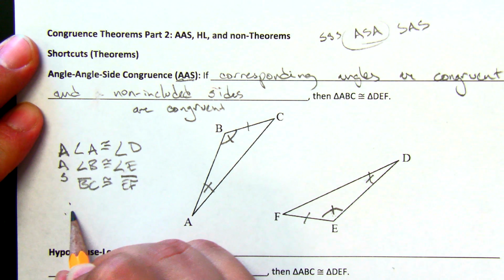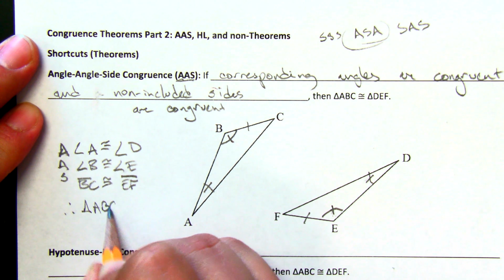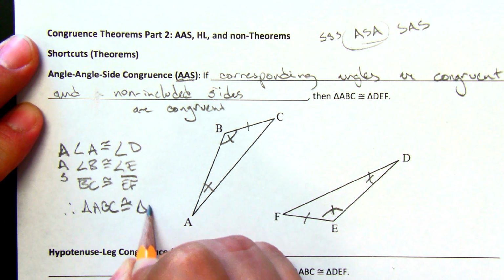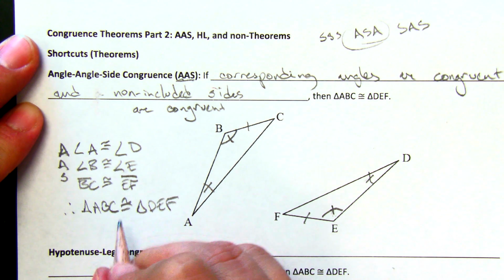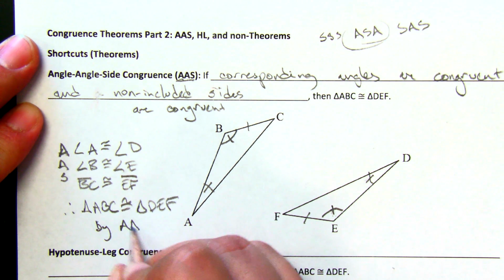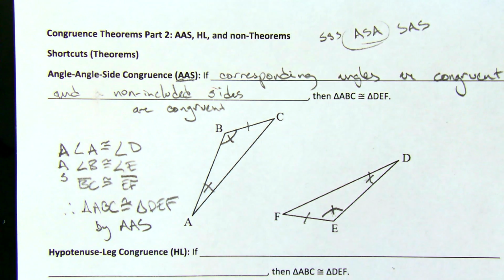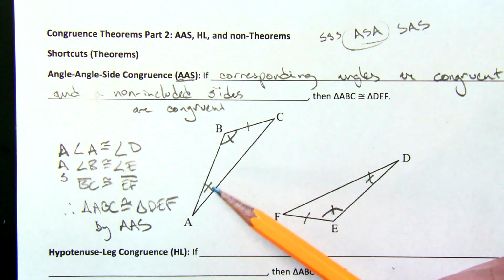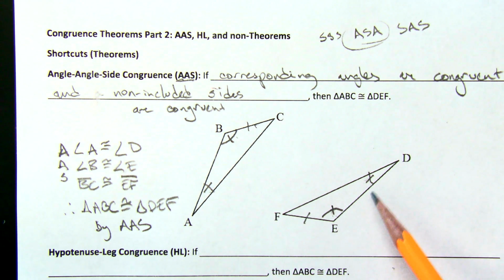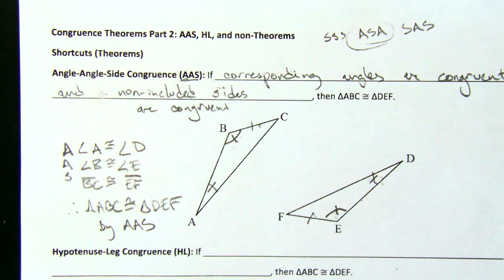So I can say triangle ABC is congruent to triangle DEF by angle-angle-side. It's important to make the distinction between cases where you can show it by ASA and cases where you can show it by AAS, and it's all in the order. Here we've got angle, angle, side. With angle-side-angle, we had angle, side, angle. Okay, so that's the difference.